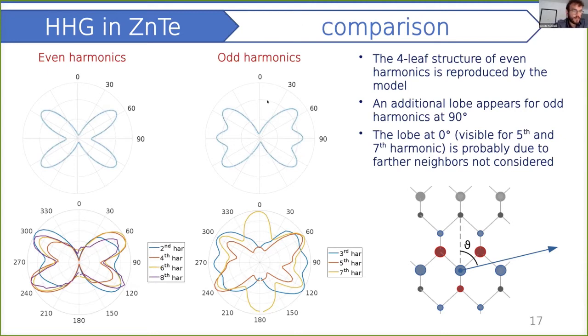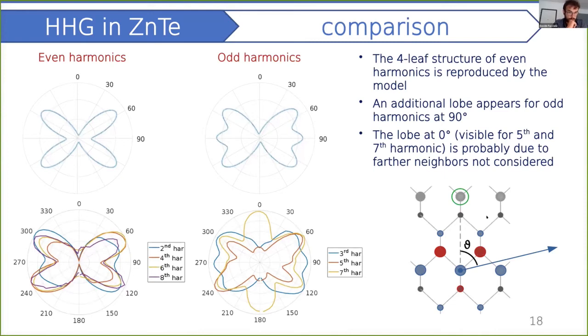However, the lobe at 0 degrees, here visible for the fifth and for the seventh harmonic in the experiment, is not observed in the model. And this is probably due to recombination of further neighbors that are not considered, like the one highlighted here circled in green.